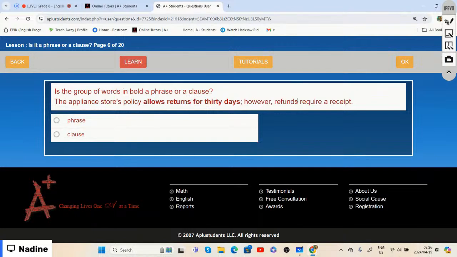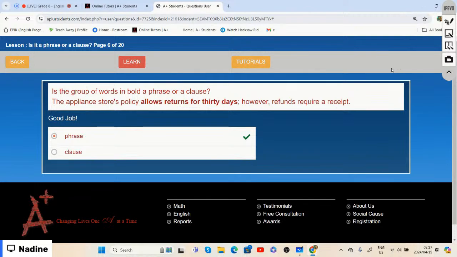So the appliance store policy allows returns for 30 days. However, refunds require a receipt. We need to say if it's a phrase or if it's a clause. So allows returns for 30 days. So we can say that it is a phrase, right?